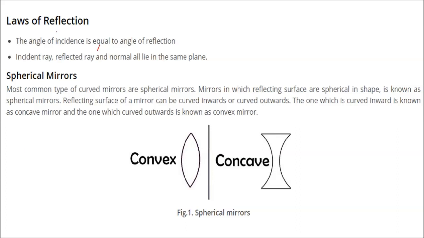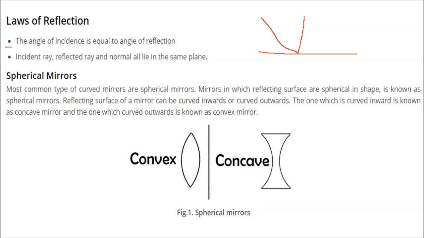Laws of reflection. This law of reflection has one point, which is that the angle of incidence is always equal to the angle of reflection. If this is a plane, this is the normal to the plane.